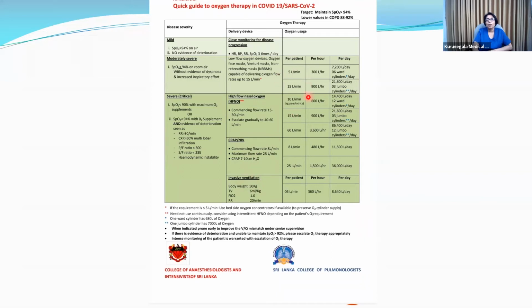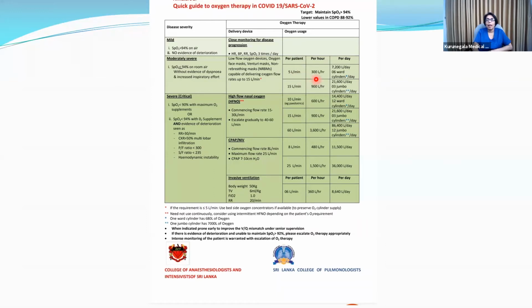So to give you an idea about the oxygen usage and how difficult it is to maintain oxygen supply, if you provide a patient with 5 liters per minute of oxygen flow, per hour the patient needs 300 liters.